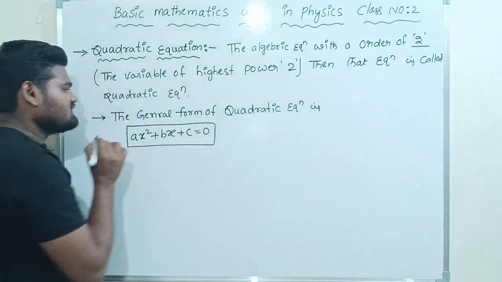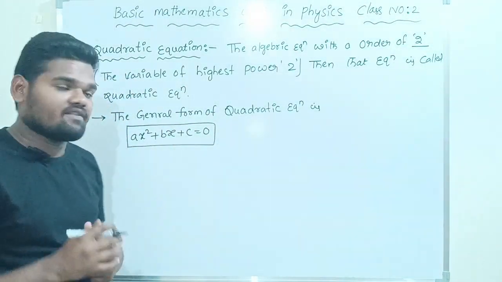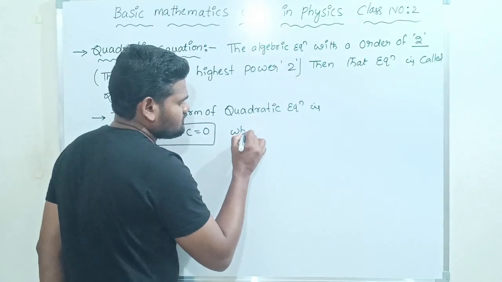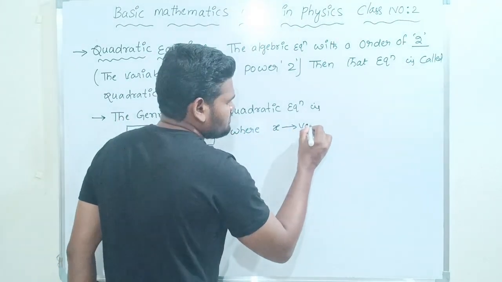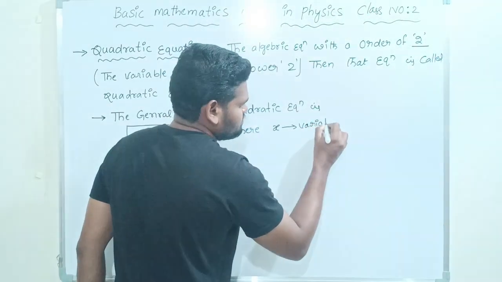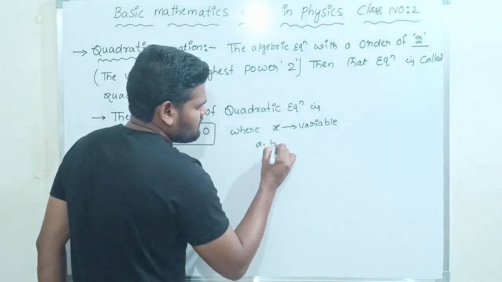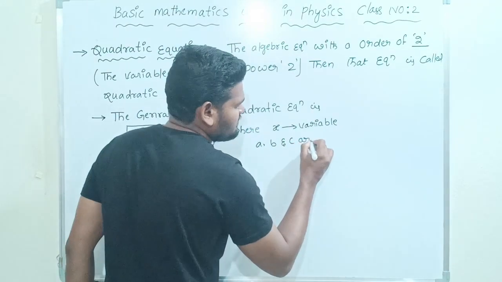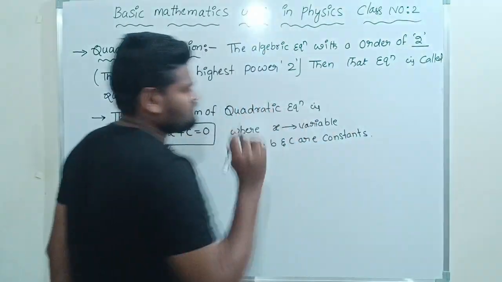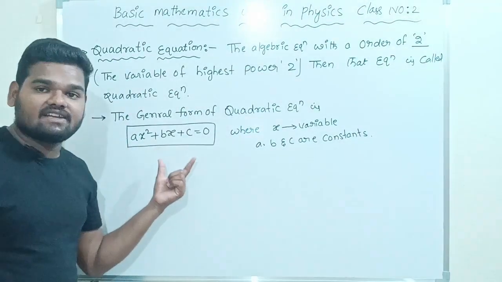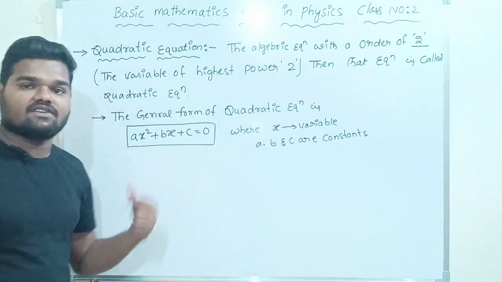So this is the general form of the quadratic equation, where x is the variable, and a, b and c are constants. So this is the general form of the quadratic equation.